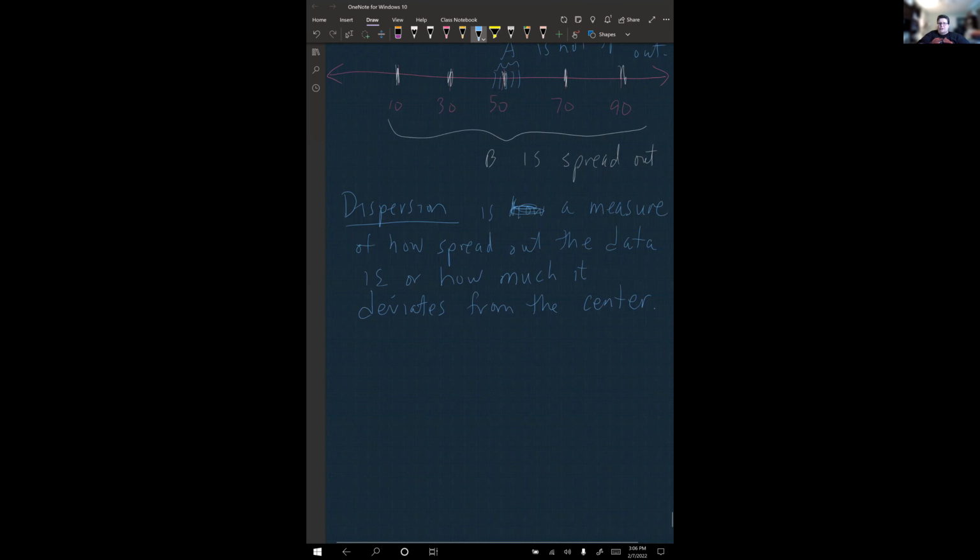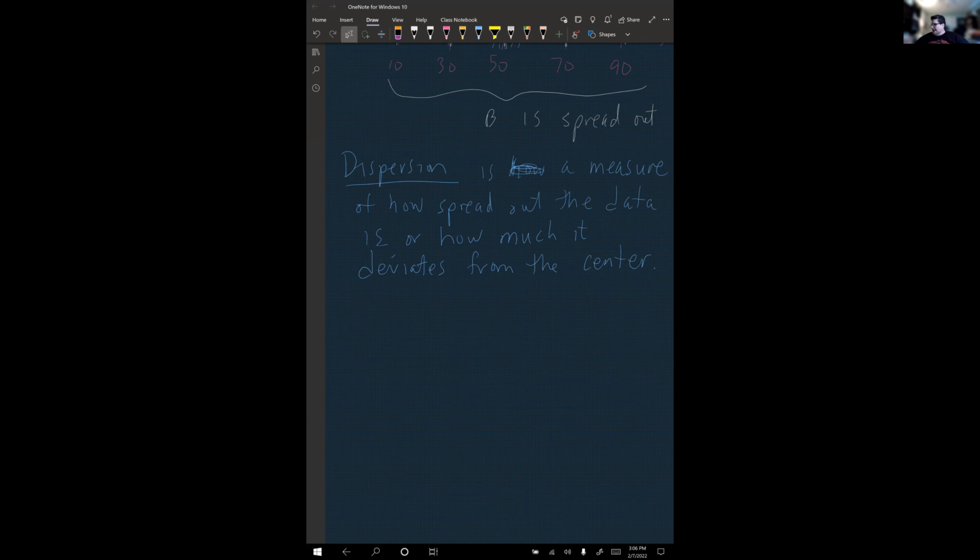One of the things we use for dispersion is called the range. This showed up in our summary stats thing. Summary stats, one of the options was range. Range is the highest value minus the lowest value.